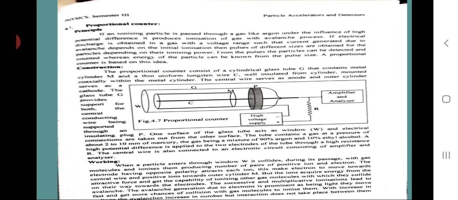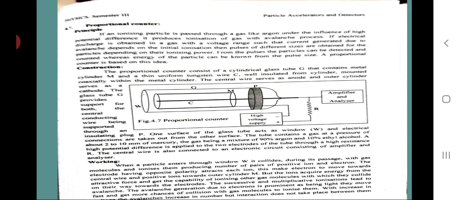The central wire serves as an anode and the outer cylinder serves as a cathode. The glass tube G provides support for both, the central conducting wire being supported through an insulating plate P. One surface of the glass tube acts as a window W, and electrical connections are taken out from the other surface.